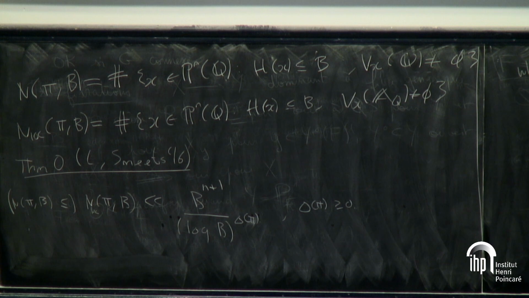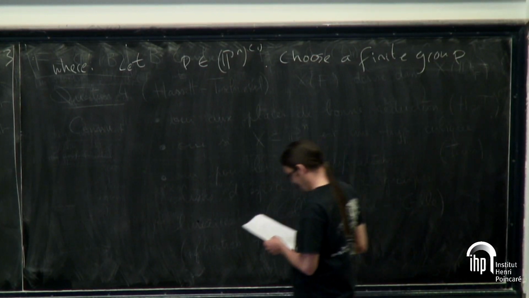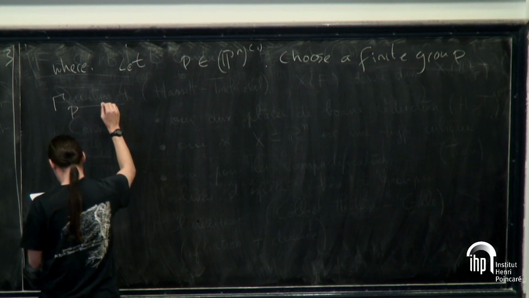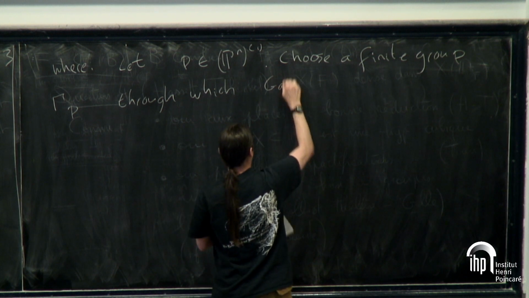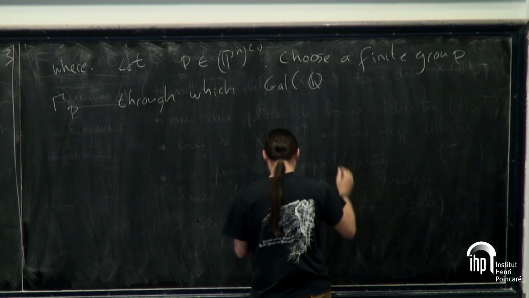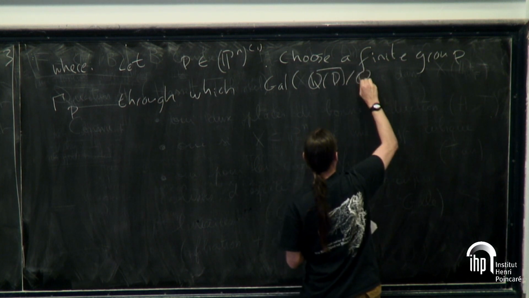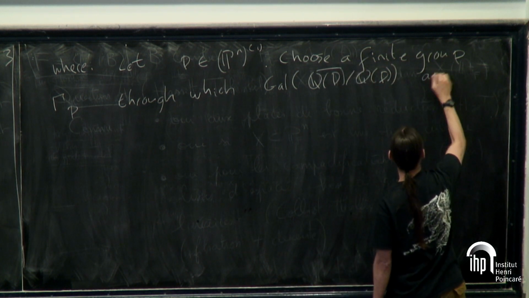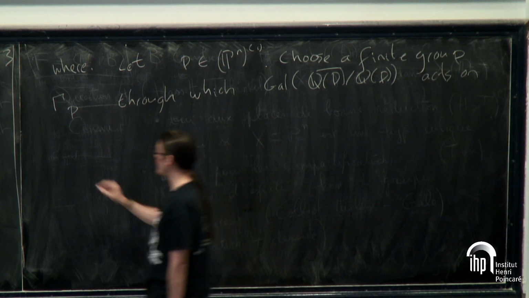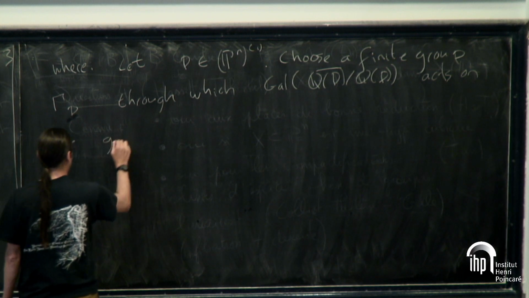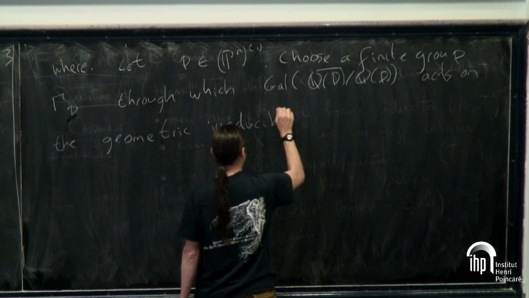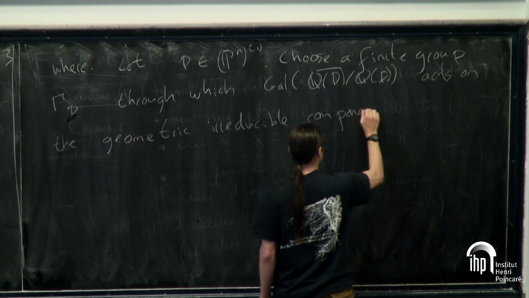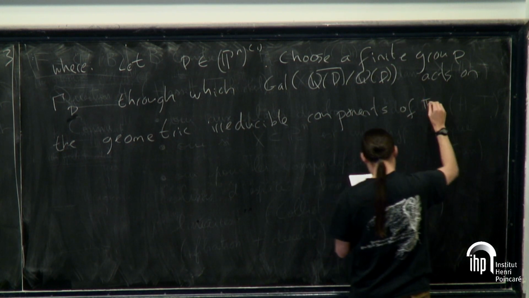Then choose a finite group Gamma of D through which the absolute Galois group of the residue field of D acts on the geometric irreducible components of the fiber above this point.